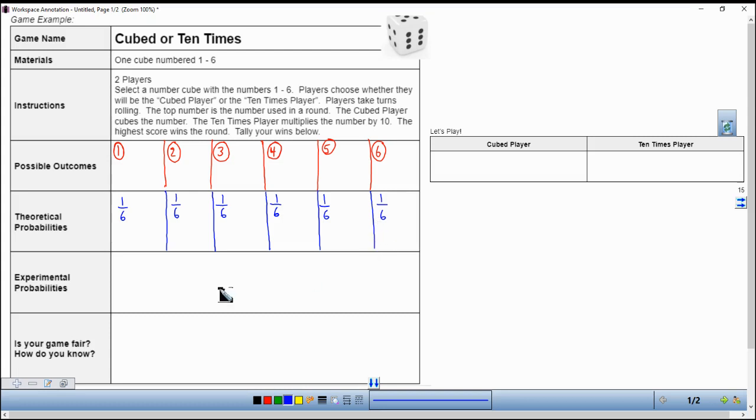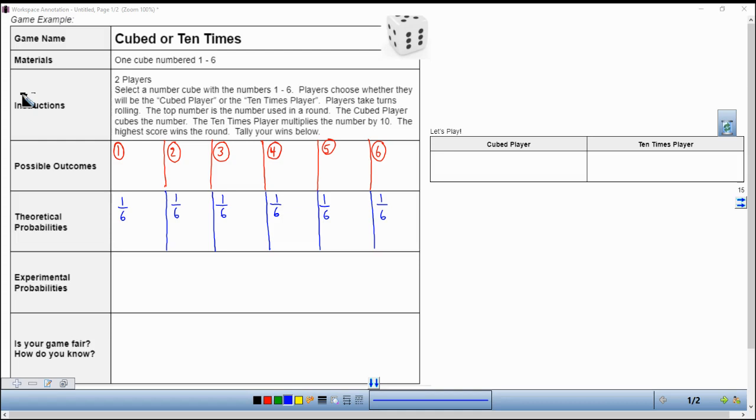Now, as we do the experimental probabilities, we're going to see that our numbers may be different. We're going to play this game, let's say, maybe 18 times, because that's a multiple of 6. I left some blank space here because we're going to go back and look at when you would win for each particular number and when you would lose. Then we're going to figure out if this game is fair or not.